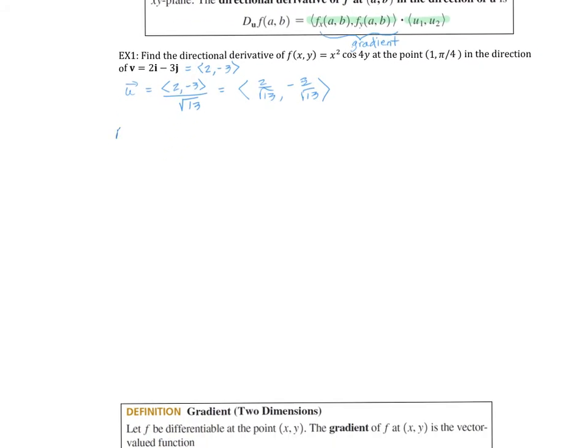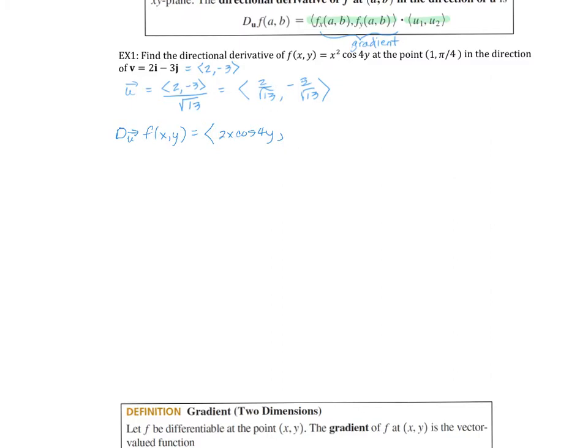So to compute my directional derivative with respect to u of my function, I take the vector of the partial derivative with respect to x, which would simply be 2x cosine of 4y, comma, partial derivative with respect to y would be x squared sine of 4y times the derivative of 4y, which would be 4.